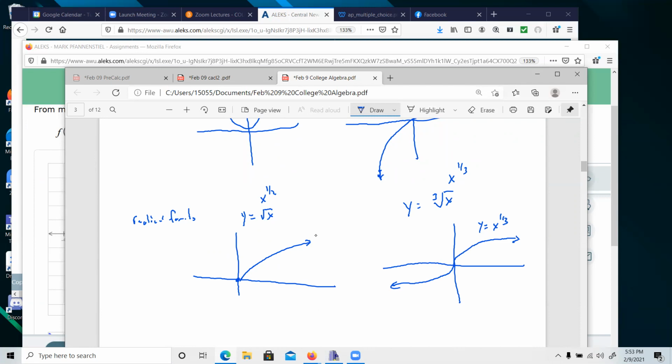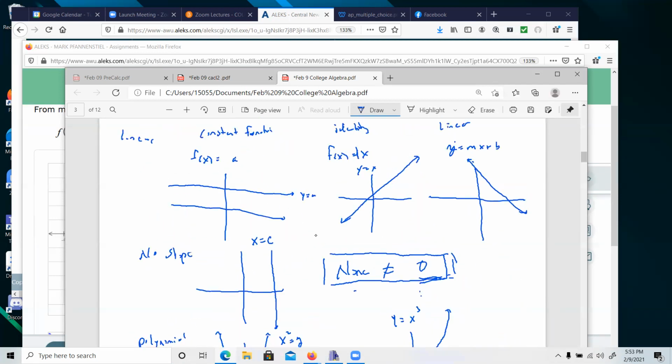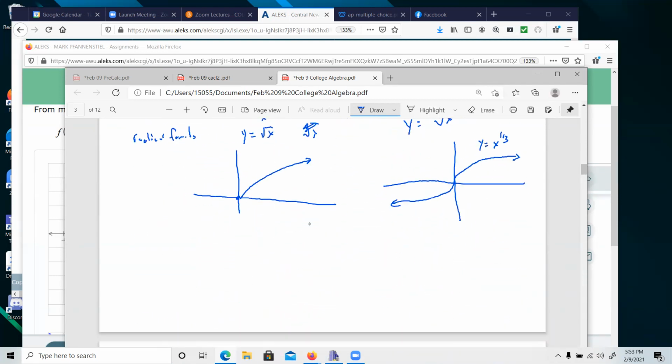And the other nice thing about this is, if I said it's x to the 1/5, it's got effectively the same shape. X to the 1/7, it's got pretty much the same shape. X to the 1/4, it's got the same shape as x to the 1/2. Okay, square root of x, technically fourth root of x is going to look a lot like this. But we only care about those two for now. Okay, and then we have the rest, other.